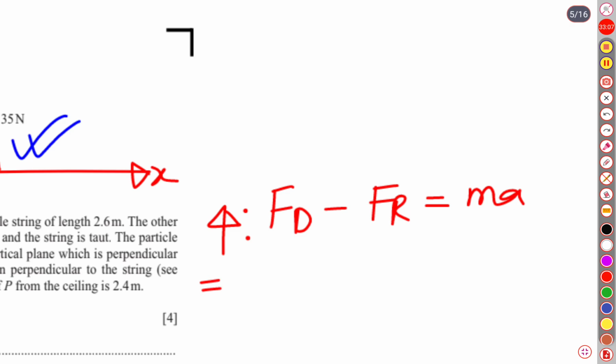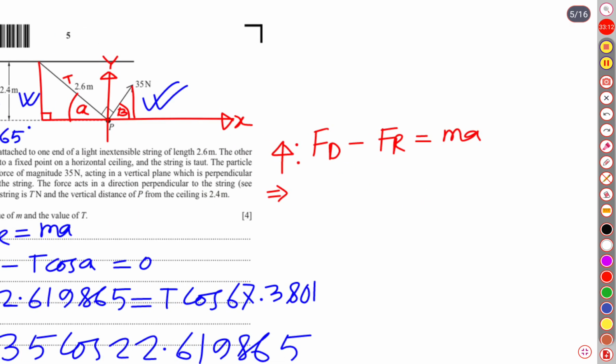Now let's see what the upward driving force is. For the right side triangle, it is 35 sine beta, plus another upward force, tension sine alpha, and minus the resistance to motion.